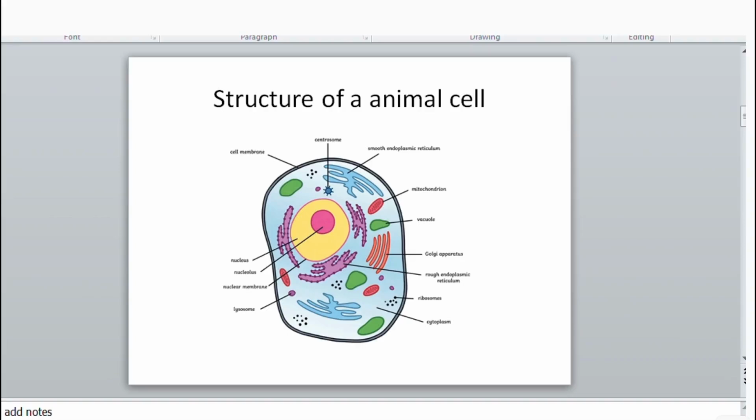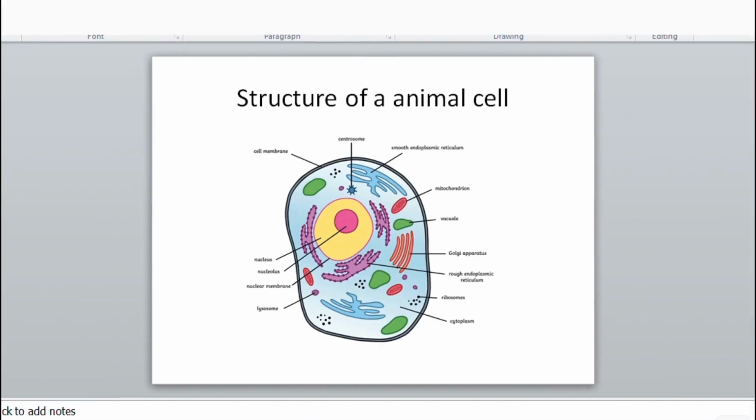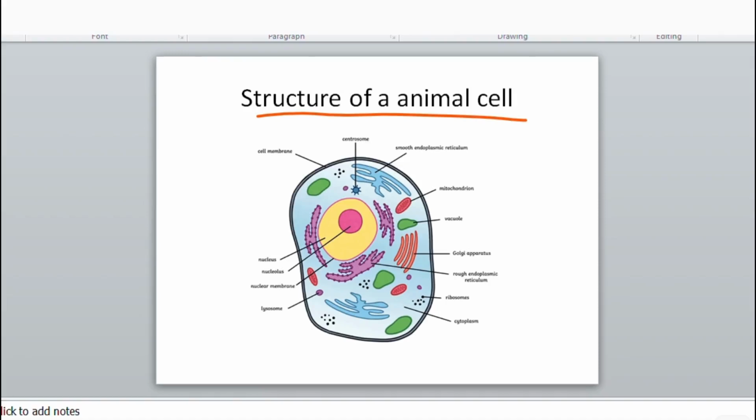Animal cell. Now, this is the structure of the animal cell. The animal cell is made up of a cell membrane. The cell membrane is the outer part of the animal cell. After the cell membrane, we get the protoplasm.